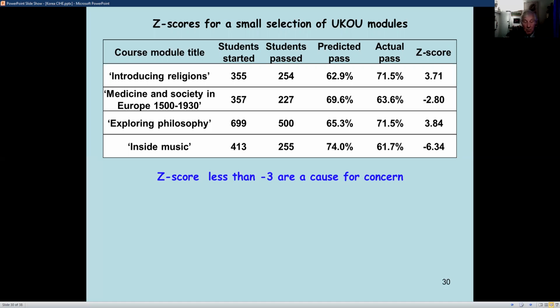A Z-score of more than -3 means that the course is not doing as well as it should and needs some attention. I've taken 4 of the 250 modules at the UKOU with their actual student pass rates and their calculated pass rates together with their Z-scores.